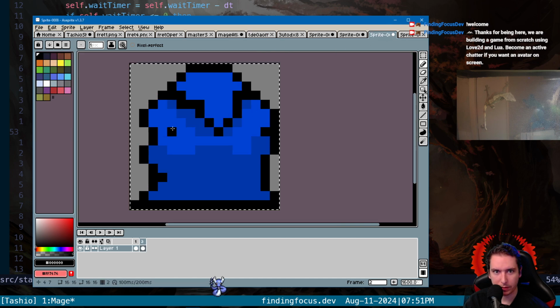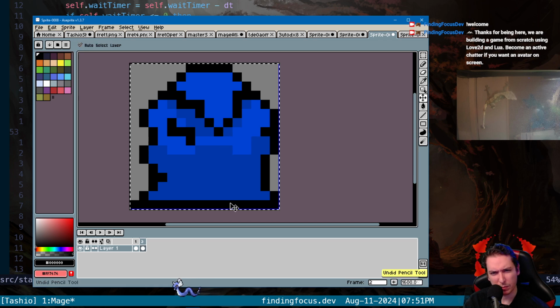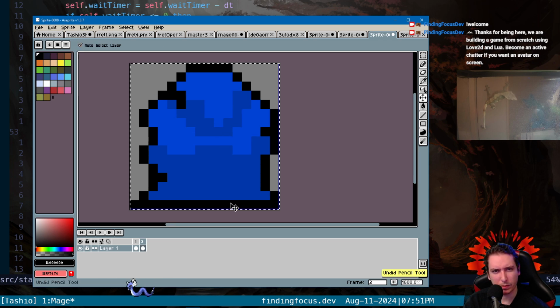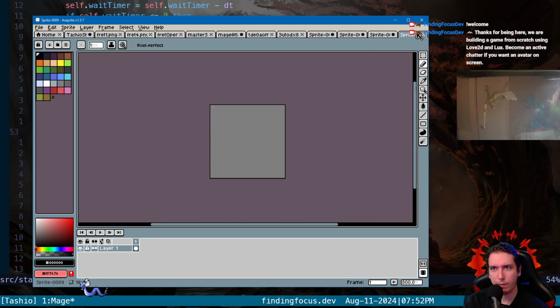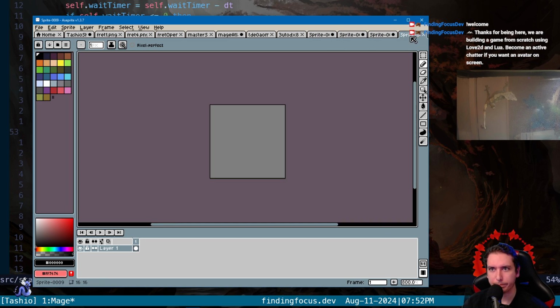We don't have to make it look the same. I'm just playing around with how we might get some more contrast in there. So let's do the walking forward. It'll look something like this.